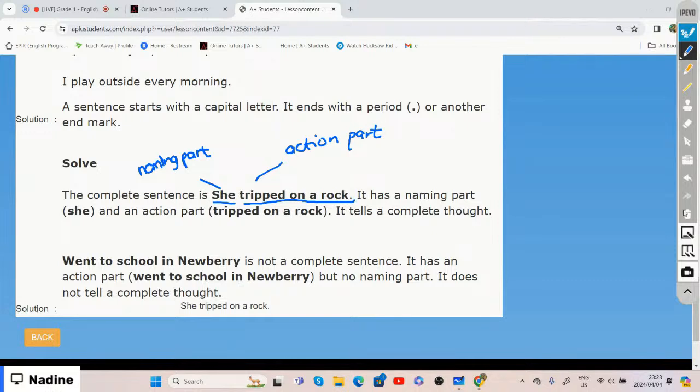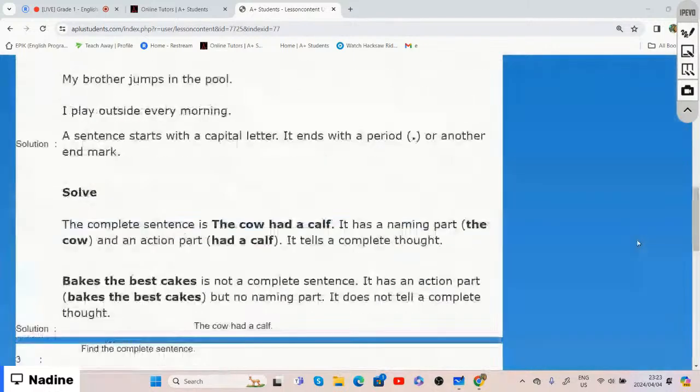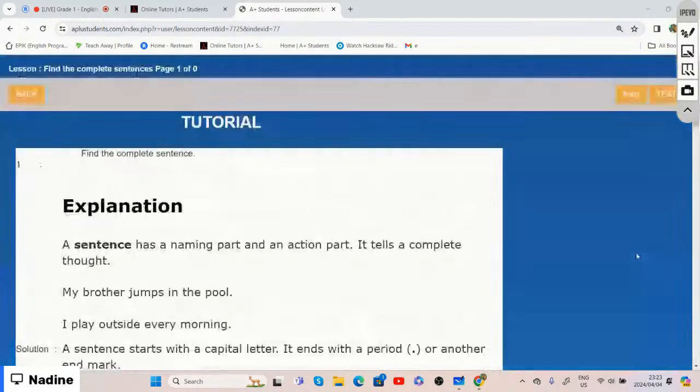All right. So now let's go to our test, right? And when we go into our test, we're going to find the complete sentence. And remember, we said a complete sentence or complete thought has a naming part and it has an action part.